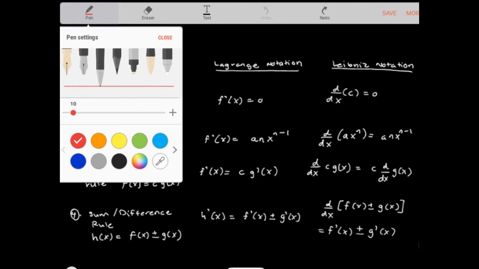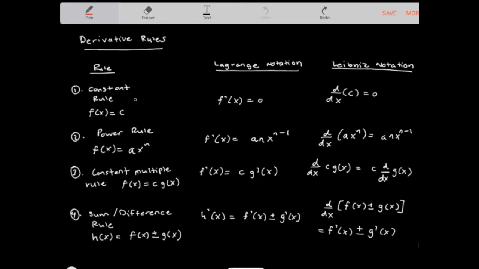So using the constant rule, f of x is equal to a constant. Let's say f of x is equal to 5. Using Lagrange's notation, the derivative function f prime of x is equal to the derivative of that constant.